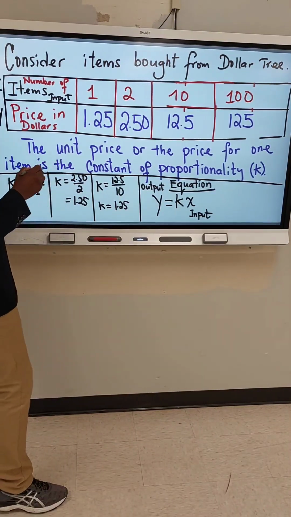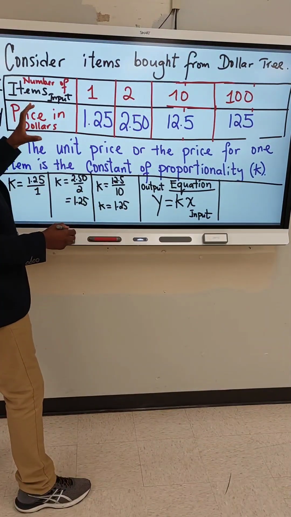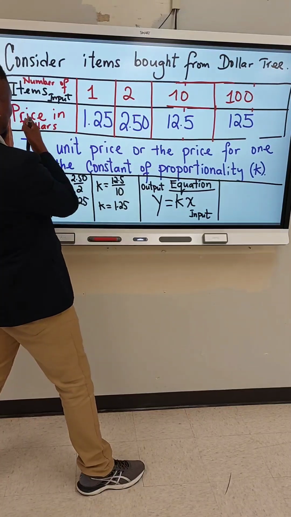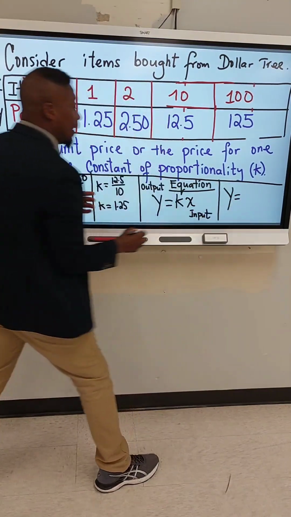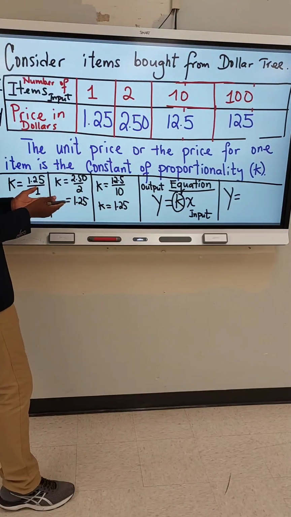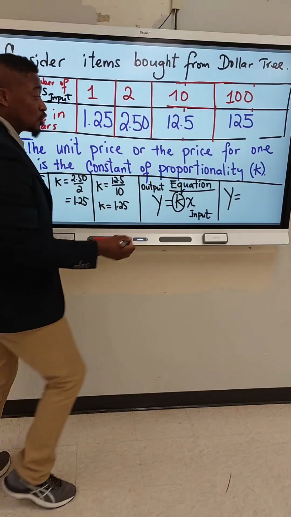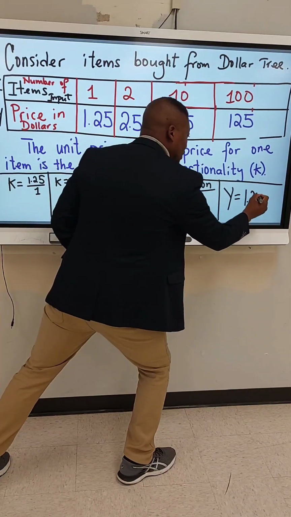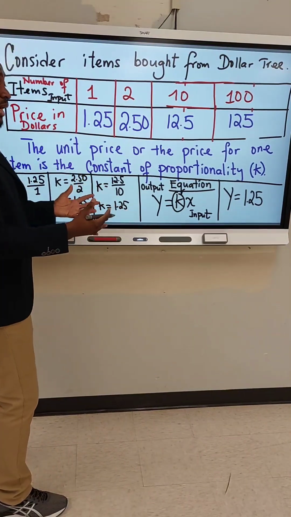So based on this table, to write the proportional equation, we need the variable y to represent the prices. And then we need to know what this k is. Remember, k is the constant of proportionality that we found here. K is 1.25. So y will equal 1.25 times x. X represents any number of items that we take.